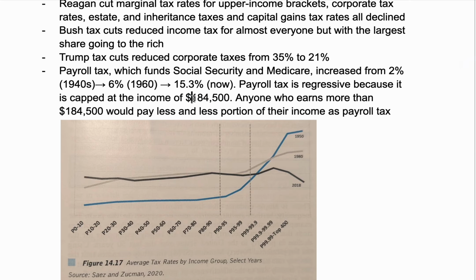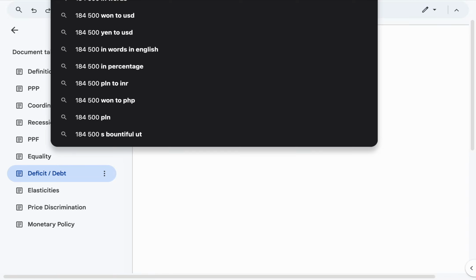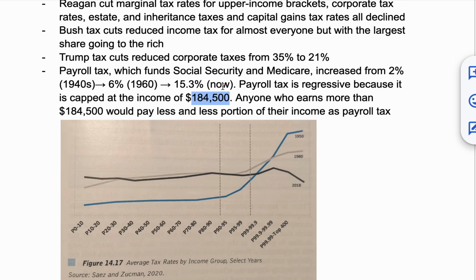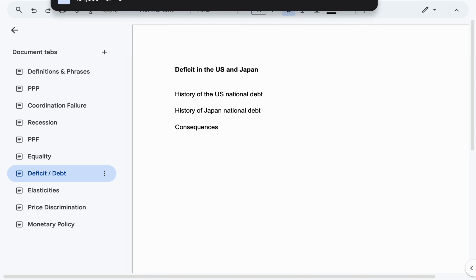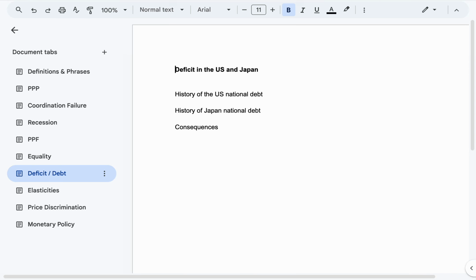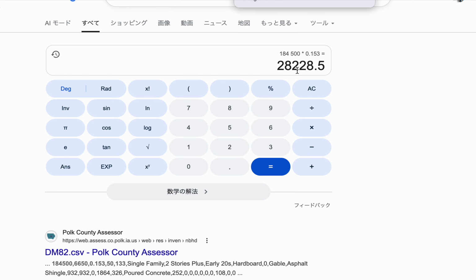So I just need to multiply 184,500 with 0.153, which would be $28,228.